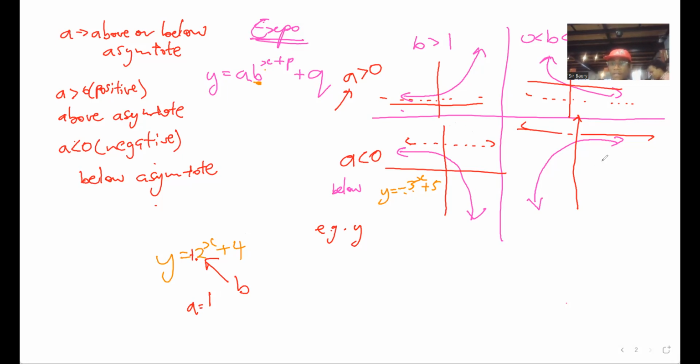Good. Now you have an example here where something is a fraction, negative (1 over 3) exponent x. This is how they can confuse you. They can say to you y is equal to negative, then 3 exponent negative x.